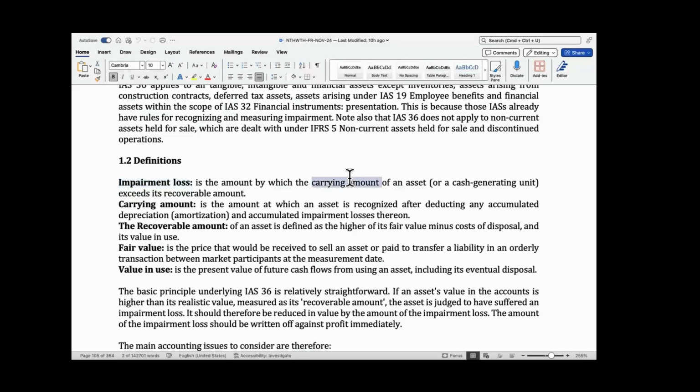Number one is carrying amount. Number two is recoverable amount. By now, you should know what a carrying amount is, which is the amount at which an asset is recognized after deducting any accumulated depreciation or amortization and accumulated impairment losses. You know that already. That's carrying amount.